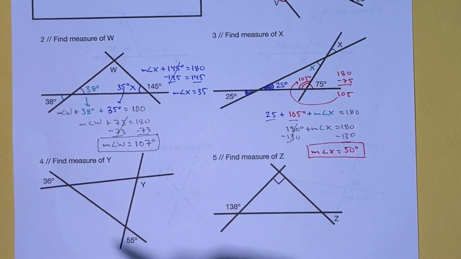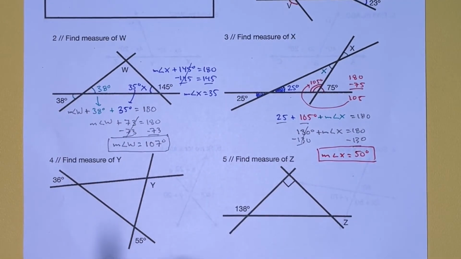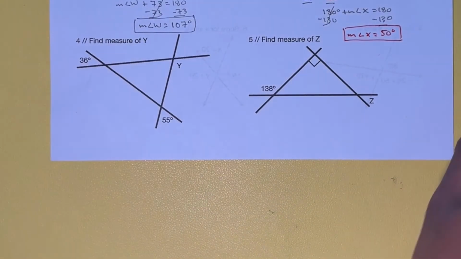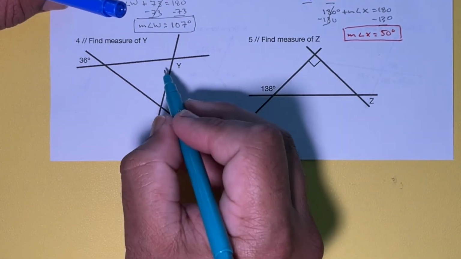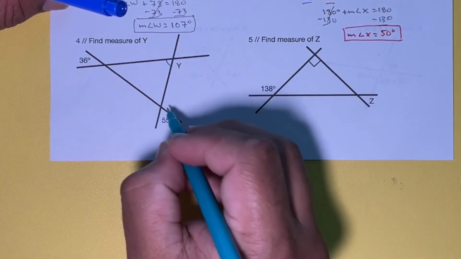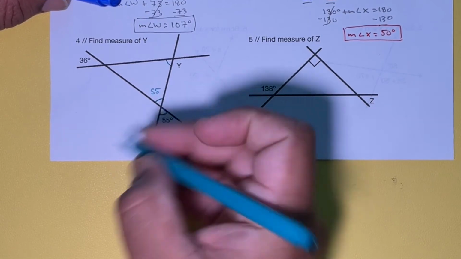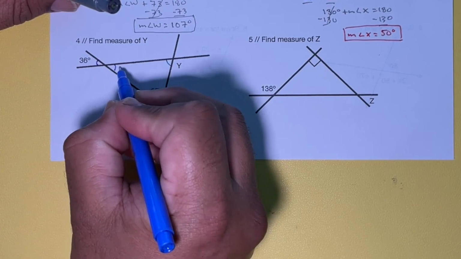Looking at number 4 here, move this up a little bit. These are going to be a linear pair to each other, so let me just figure out what this angle is first. This is 55, that's 55. If this is 36, that's 36.